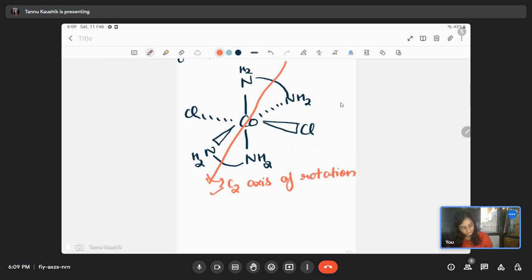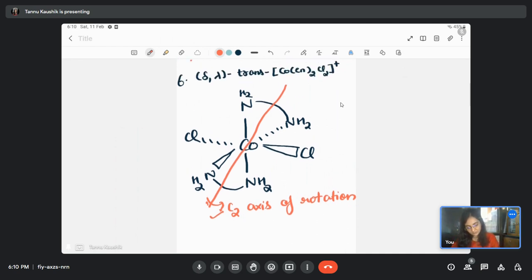Rotation, and we have E, i, sigma H. No, we don't have a C2 axis here.